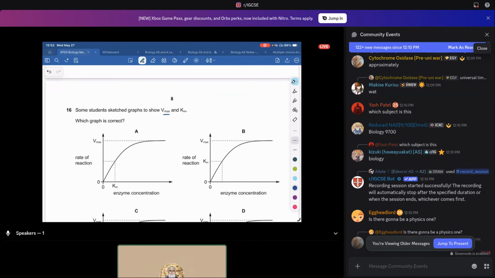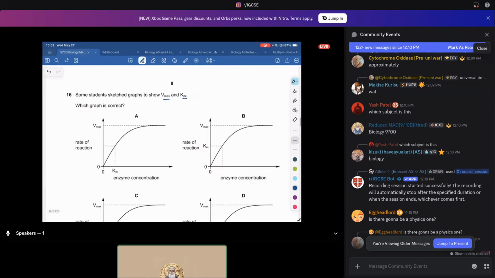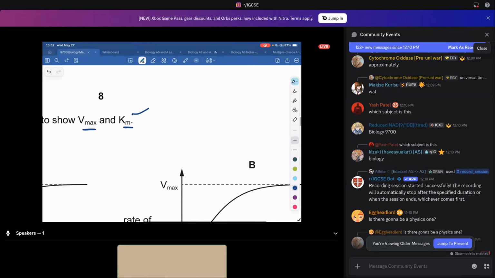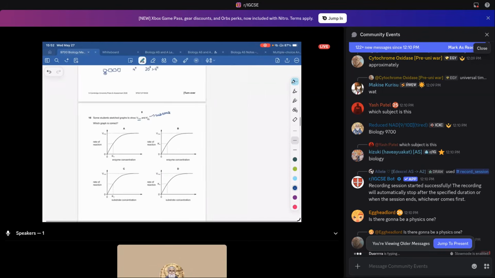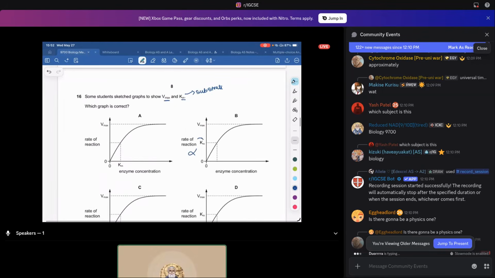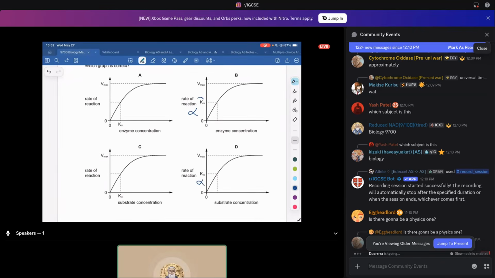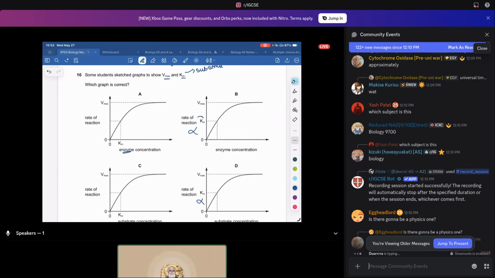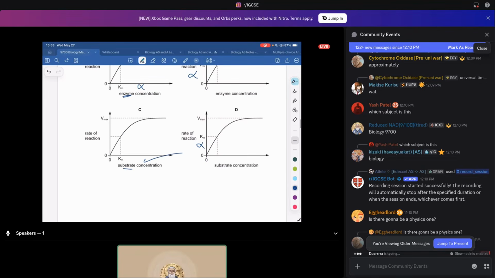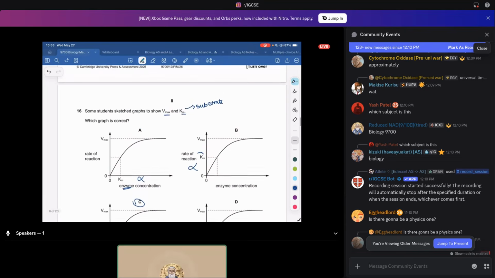Moving on. Some students checked graphs to show the Vmax and the Km. Which graph is correct? Km is substrate concentration. So here we have Km as rate of reaction. Wrong. Km is rate of reaction. Wrong. Km is enzyme concentration. Wrong. Km is substrate concentration. Correct. And that's just from a basic understanding of what Km is.